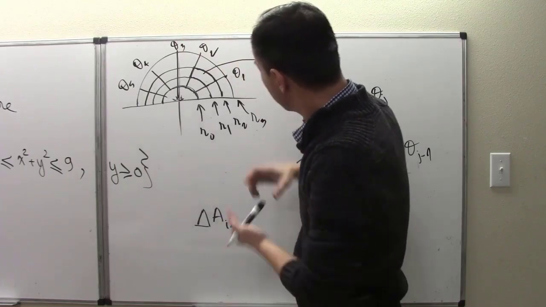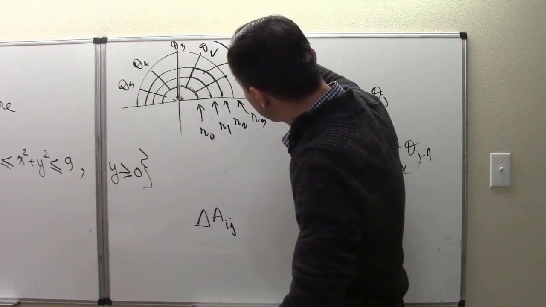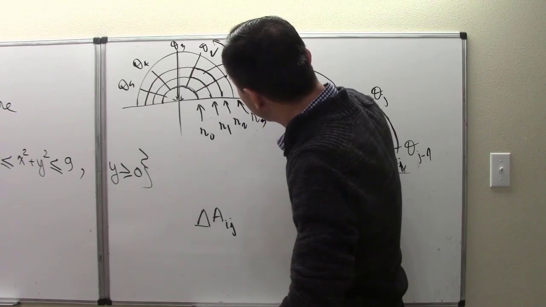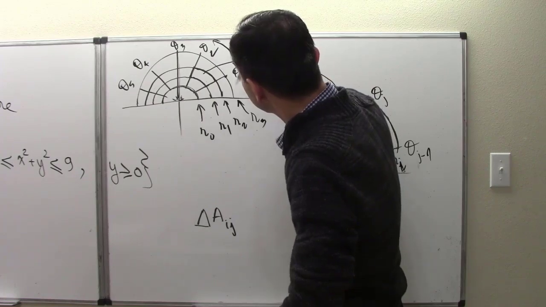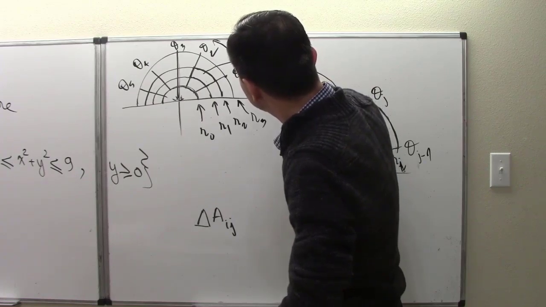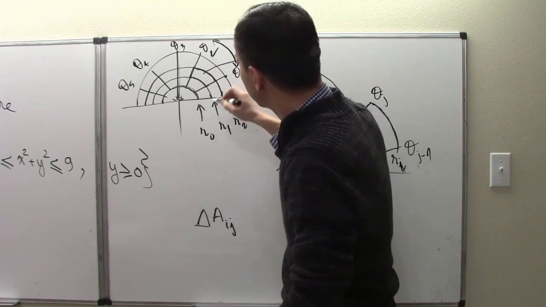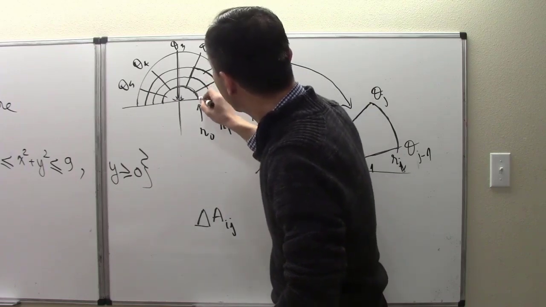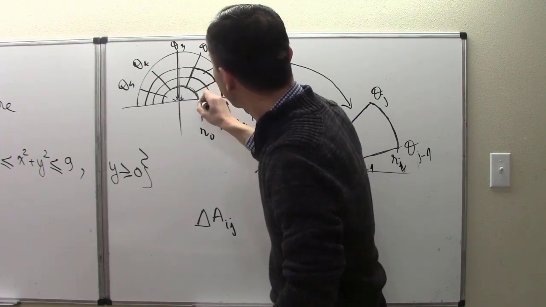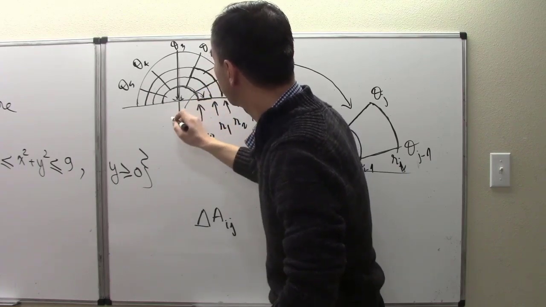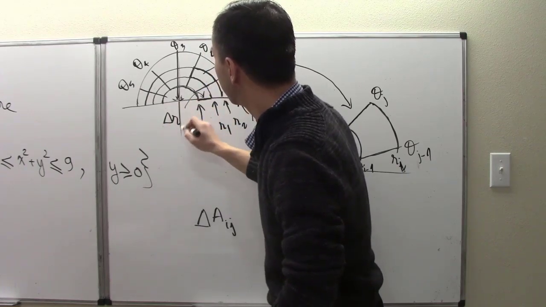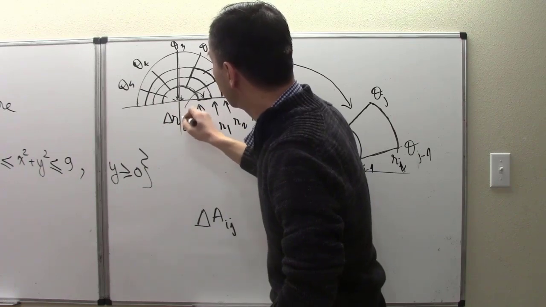Each one of these we can call a delta theta sub j, and each one of these radius changes, in that picture, is a delta r sub i.